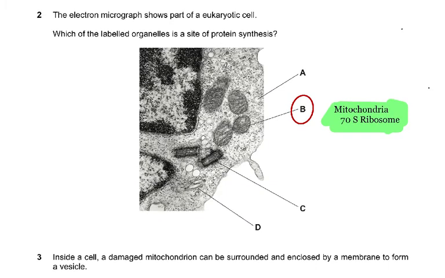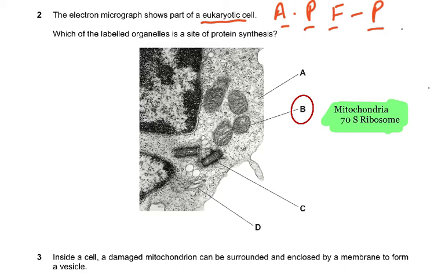Now, as you look at question 2, it says the electron micrograph shows part of a eukaryotic cell. And you know eukaryotes are what? Eukaryotes are animal cells, plant cells, fungus, and protozoa. So all the Protoctista are also, now if you're taking the composite, you've done A2 as well, and you know what it is. So animal cells, plant cells, fungus, and Protoctista are all eukaryotes. So which of the labeled organelles is a site of protein synthesis?